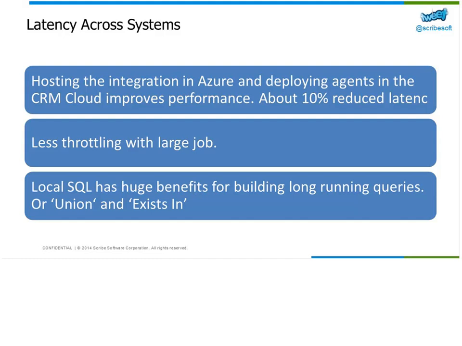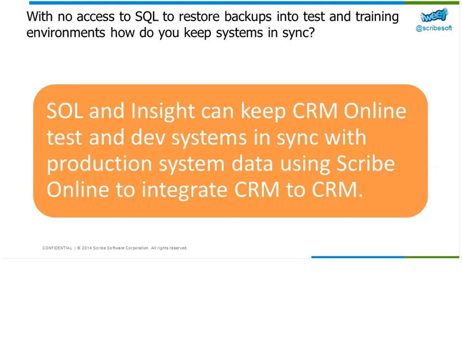That lets me address the latency issue, and get the benefit of long-running queries, things that would typically tie up the whole system, because now I'm repurposing that data in another format.